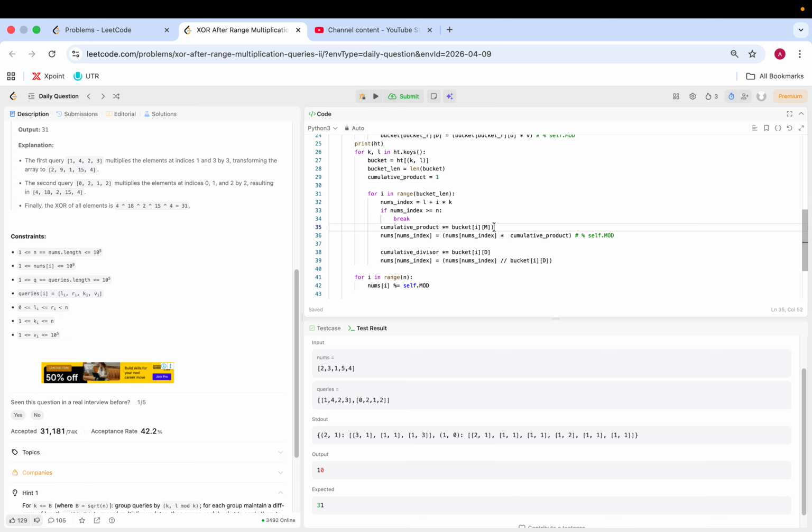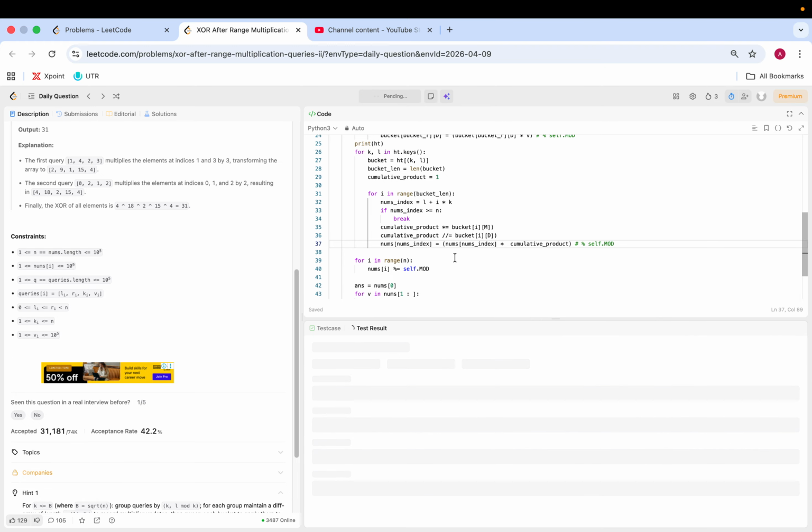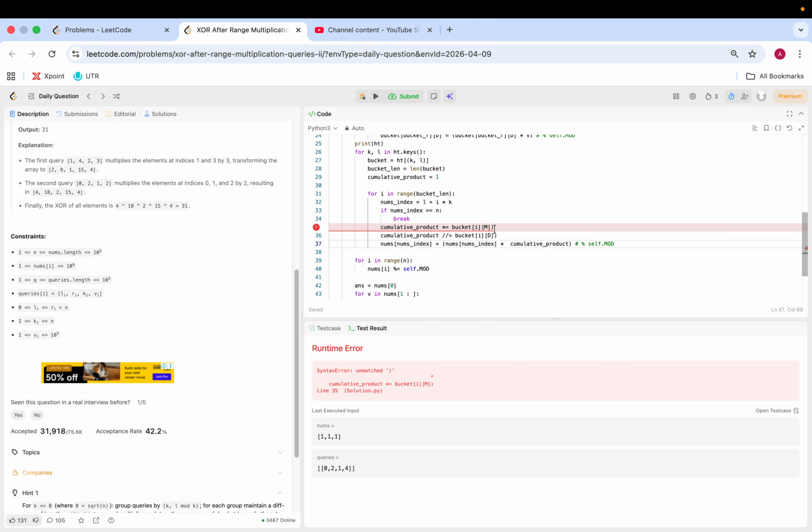Cumulative product times that, and cumulative product you then divide by bucket ID. Nums at nums index, multiply by that. Yes. I think I don't need that anymore. Let's try that. Damn it. Same thing over here.